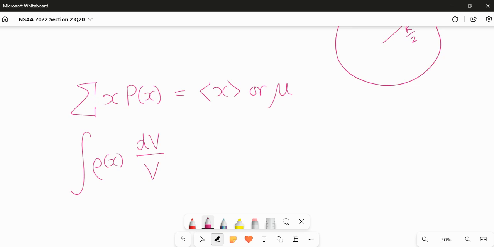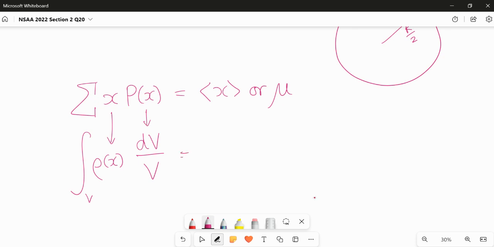So if you wanted to find out the average density, you would do, well, what's the density at that position x? And then what fraction of the total volume does that take? That would be playing the role of the probability here. And then rho x is the sample values that we'd be taking. And integrate this over the whole volume, which means from the radius x is 0 to the radius x is r.